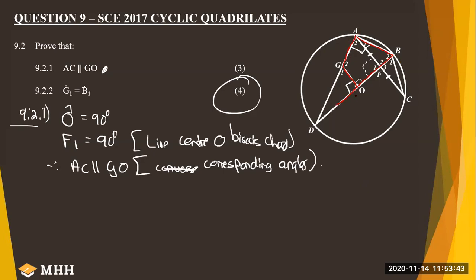This one is equal to that one. B1 and G1. Okay, that's 90 degrees.